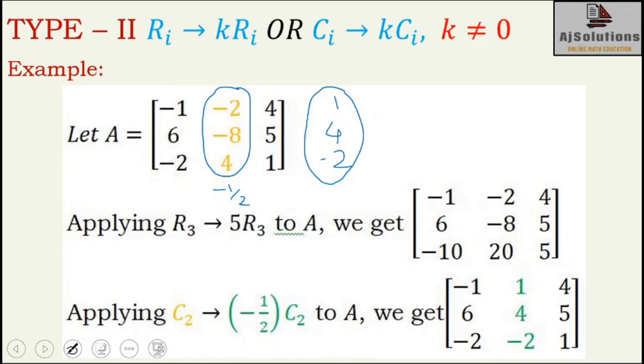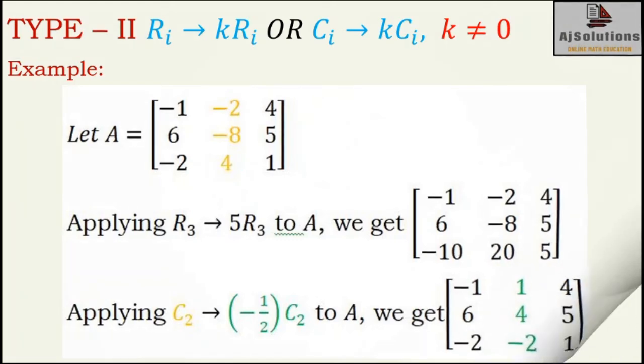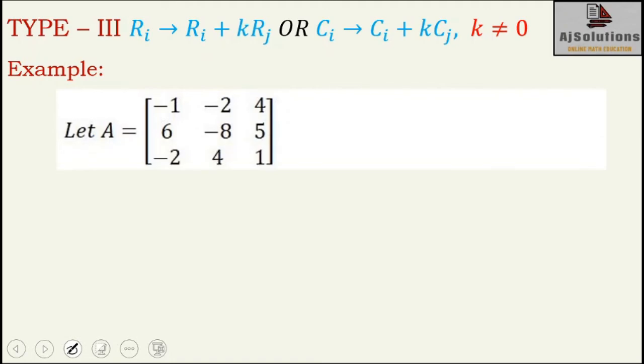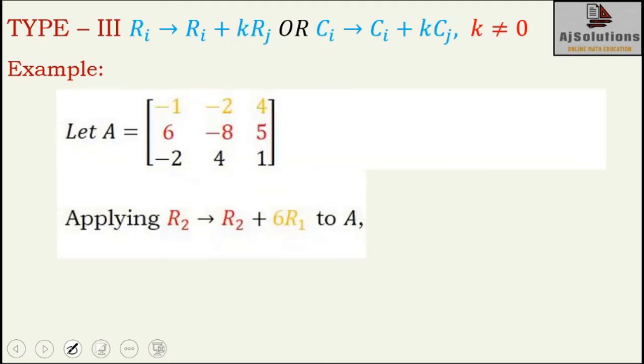And now let's see example of type 3 transformation. And so here we have a matrix A, and I have to apply transformation R2 replaced by R2 plus 6 times R1. In short, R2 plus 6 times R1. So here is my R2, second row of my matrix, and I want next 6 times R1. So I am going to multiply first row by 6.